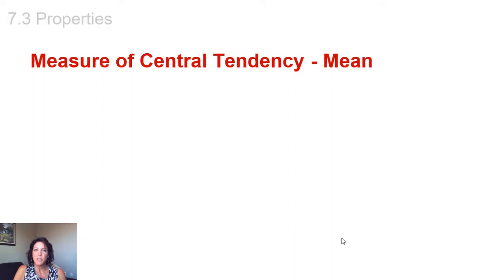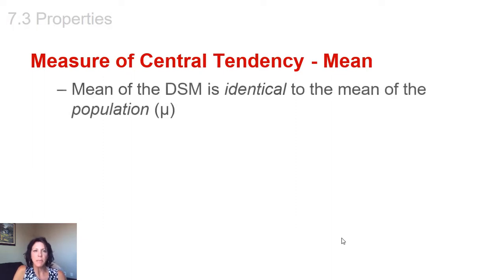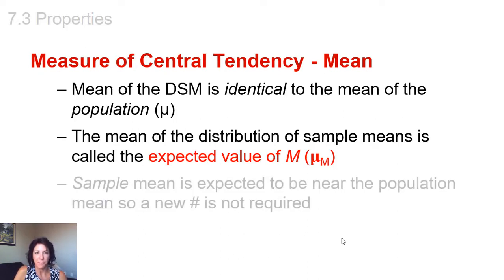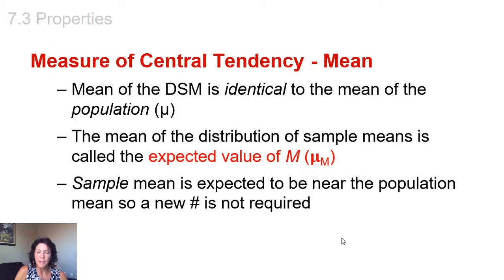So the measure of central tendency that we're using is the mean. And the mean of the distribution of sample means is identical to the mean of the population. So the mean of the distribution of sample means is called the expected value of M. And the sample mean that we draw is expected to be near the population mean, so a new mean is not required.